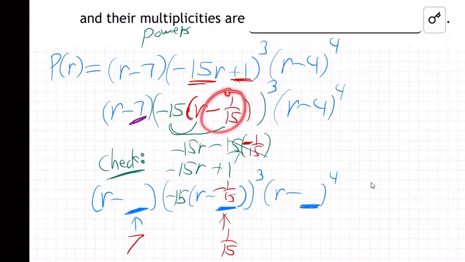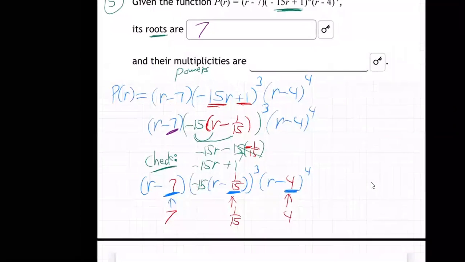It was never plus. It's regular 1/15, right? Regular 7. Regular 1/15. And what goes right there? Regular 4. Again, not a minus 4. So those are our three roots.